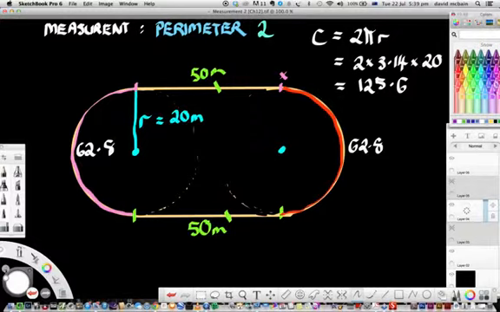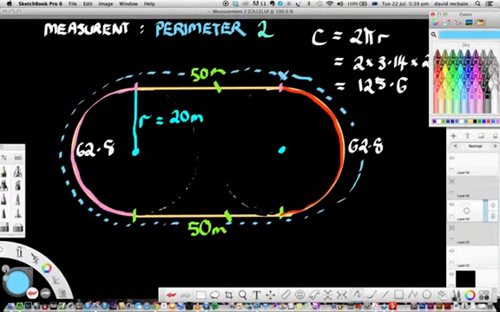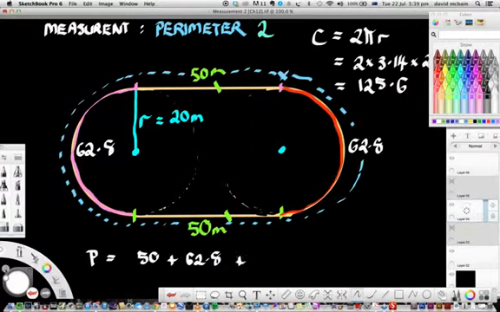Let's work out our perimeter now. Starting at this point, it's going to be 50 plus 62.8 plus 50 again plus 62.8 again. So let's write that down and work it out. The perimeter of this shape is going to equal 50 plus 62.8 plus 50 again plus 62.8 again.